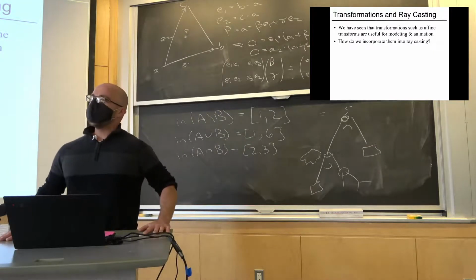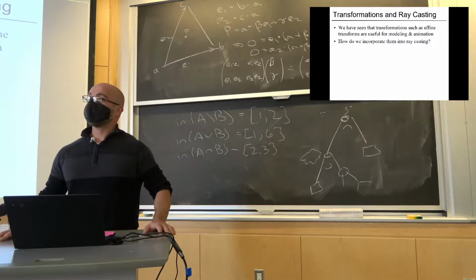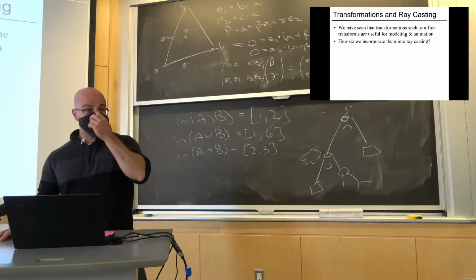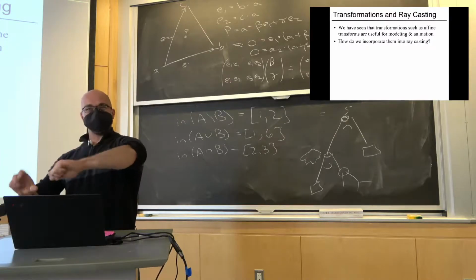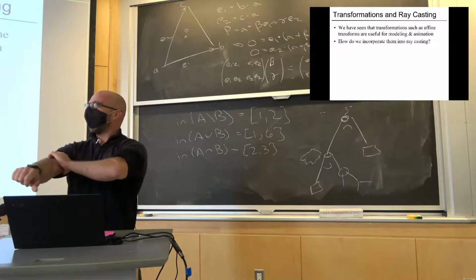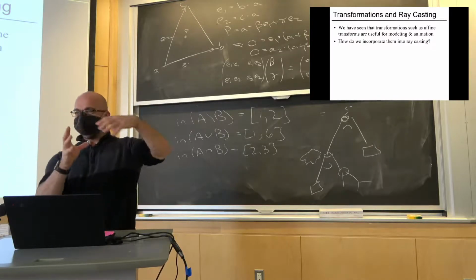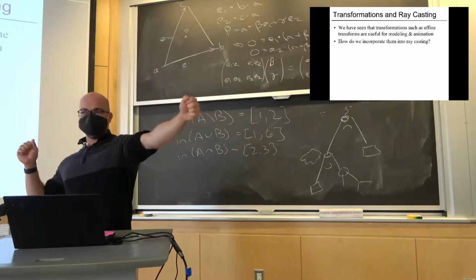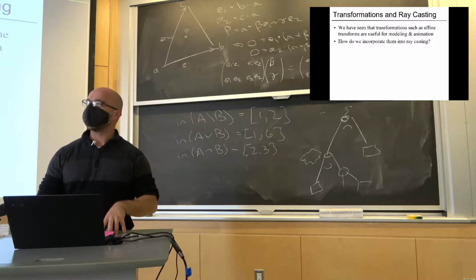In particular, we know how to render a sphere, but what if we want to render an ellipse? That's the real question we want to answer here. There's one way to do it: store the major and minor axes of our ellipse and do a bunch of ellipse-ray intersection math. But we're going to try to come up with something clever, where we store a sphere and then a transformation on top of it. Like, I want to multiply its x coordinates by 2. And the question is, how do I render that thing?